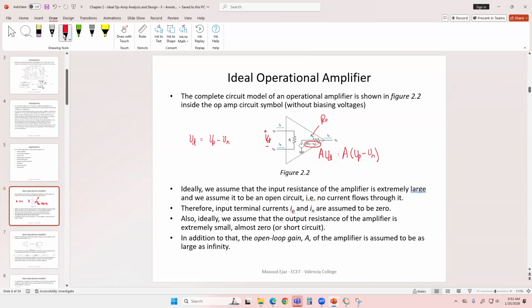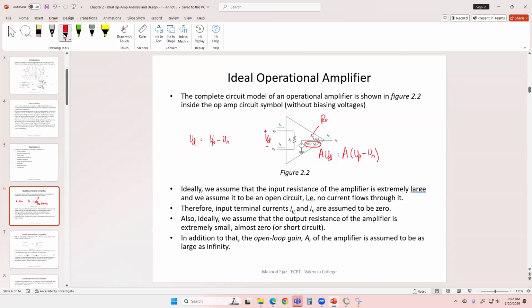Now, when we are discussing the ideal operational amplifier, these are the characteristics of the operational amplifier. That's why it is such a nice device to use. And you're going to see these ideal characteristics are very similar to the practical characteristics when we discuss chapter number 3.